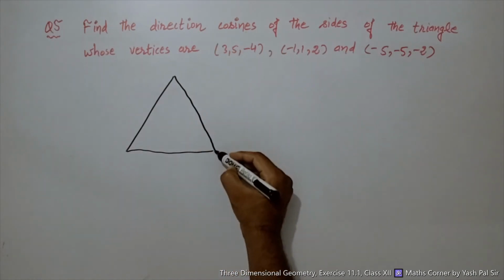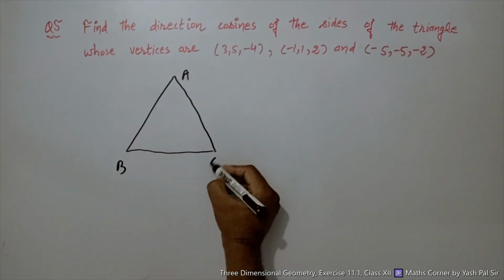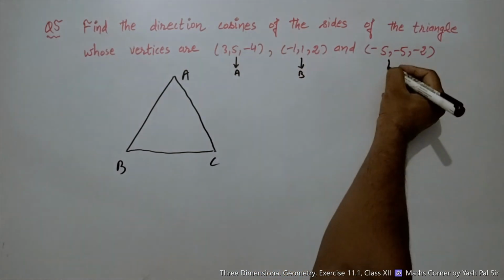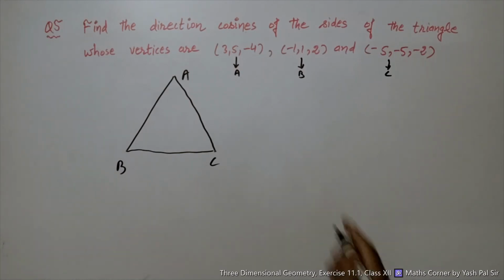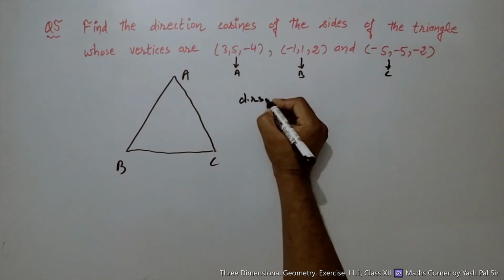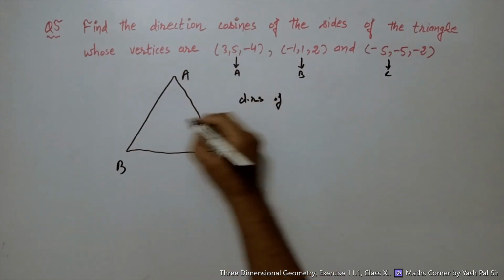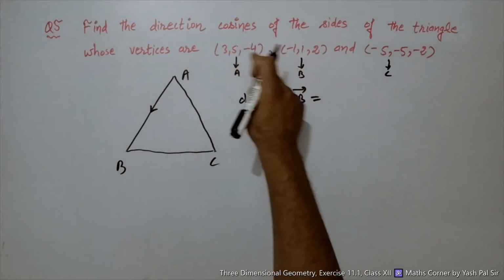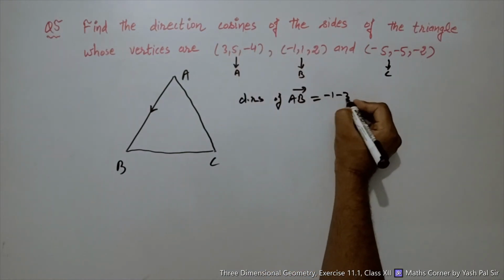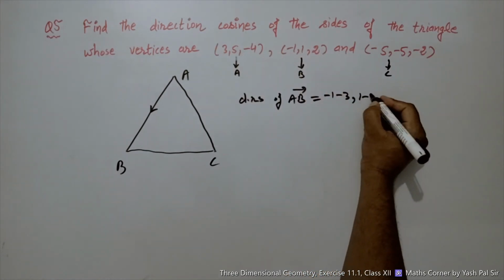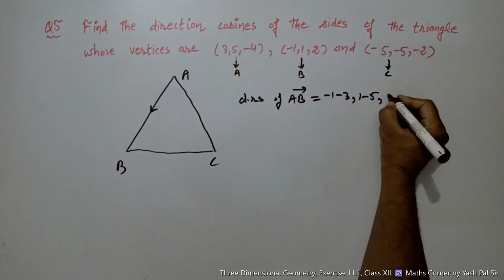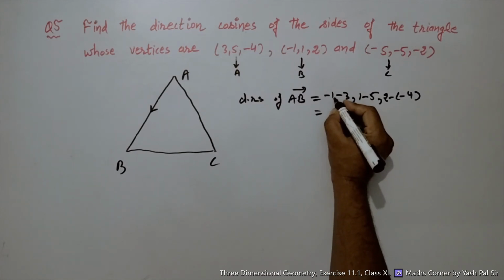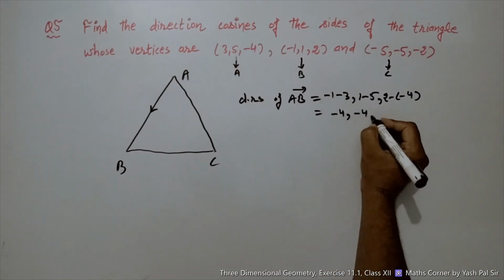If we have the triangle, the name of this triangle is ABC, and this point is A, this is B, this point is C. So first of all, direction ratios of the side AB are equal to -1 minus 3, 1 minus 5, 2 minus (-4), so this way they are equal to -4, -4, 6.